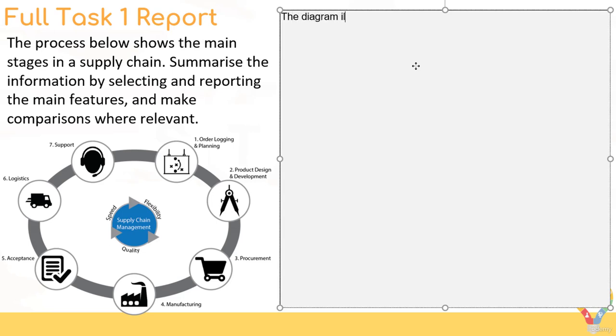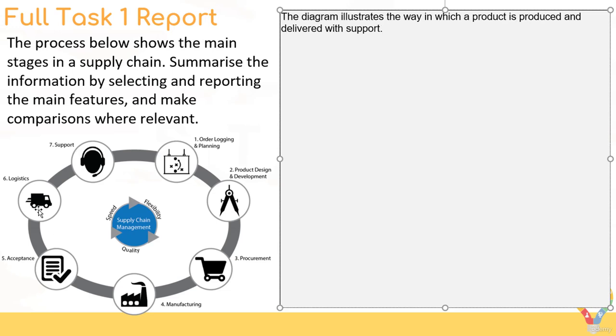The diagram illustrates the way in which, so let's have a think. A product is produced. So we are producing a product, some kind of product, and then we sort of deliver and support. So I might add a tiny bit to the sentence I showed you. The diagram illustrates the way in which a product is produced and delivered with support.